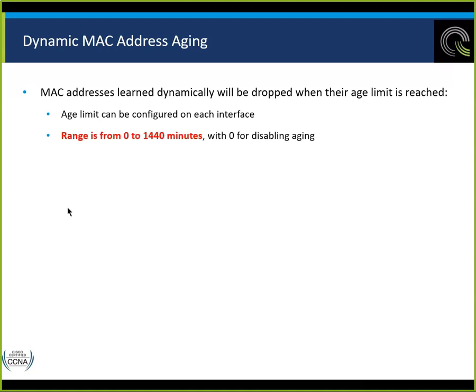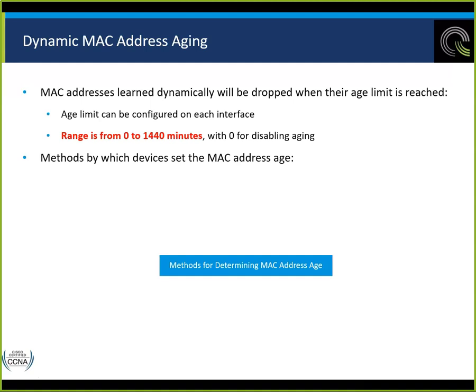It can be configured on each interface, with a range for aging of 0 to 1440 minutes. 0 will disable aging. You can do the division on the seconds; I've never actually looked at that. And the default is going to be 300 seconds.